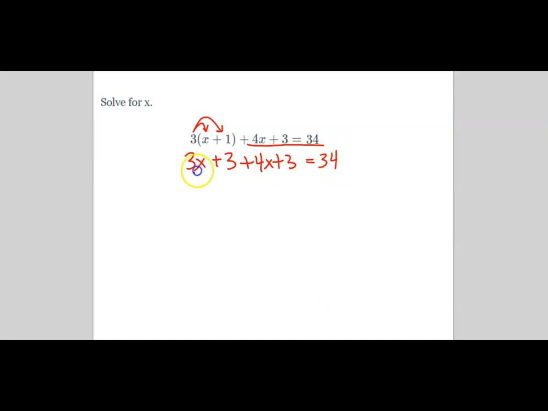On the left-hand side, I have 3x and 4x, and I also have plus 3 and plus 3. So these items that are underlined in blue are like terms, and these items with the green are also like terms. So when I combine like terms, I get 7x's, and 3 plus 3 makes 6.